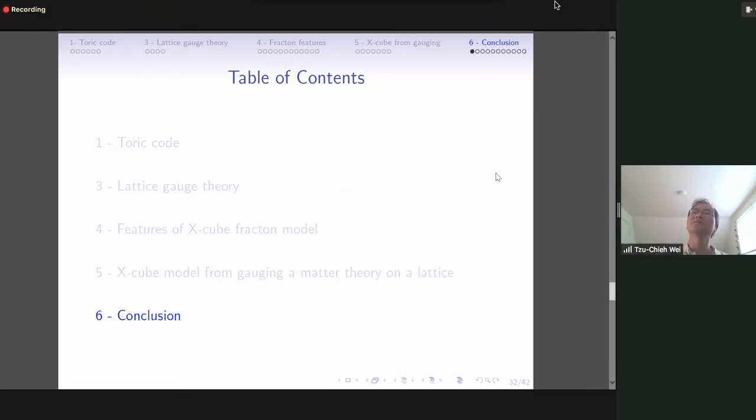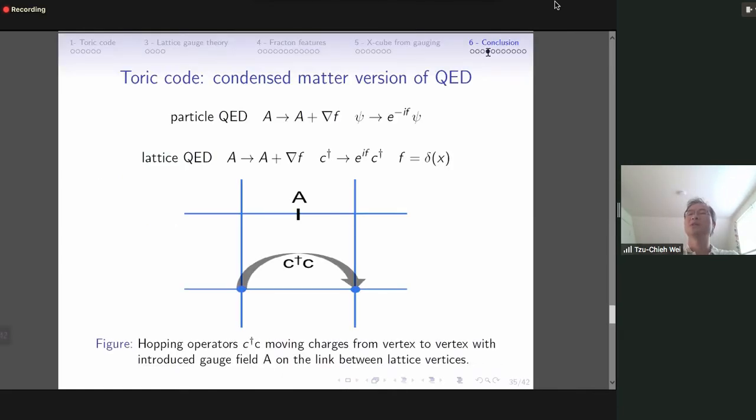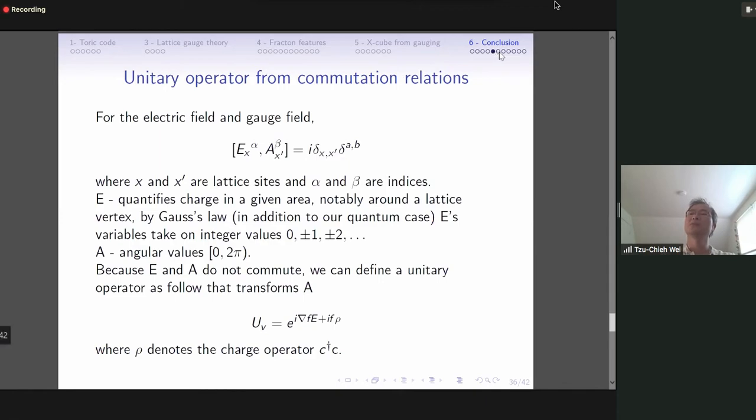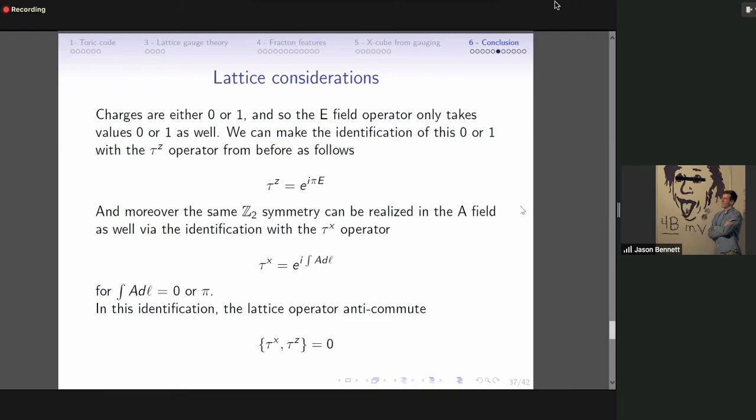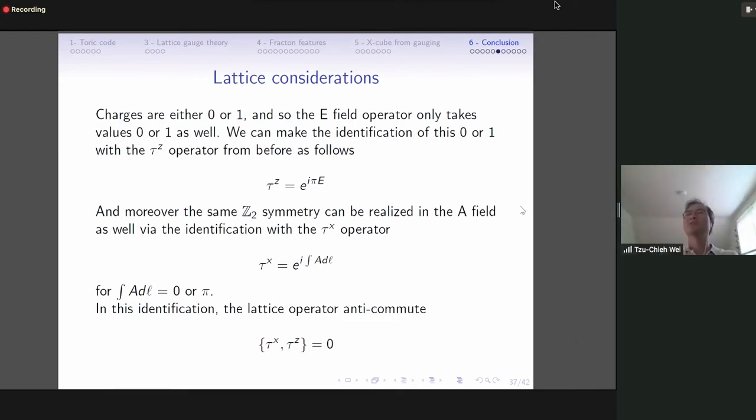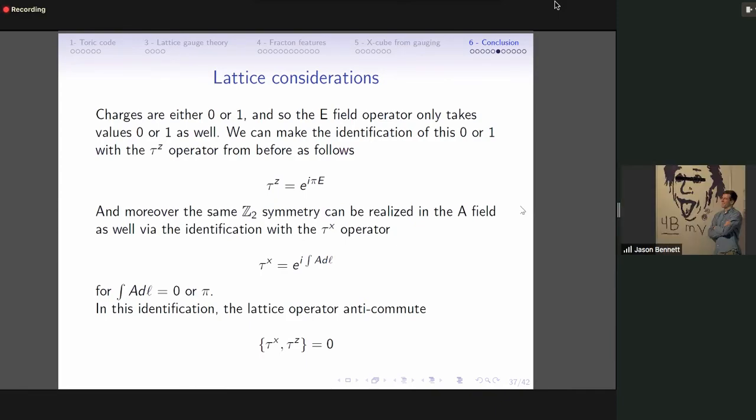Maybe on the last point that you brought up, I'm wondering whether, if you put a fermion on each lattice site, you then just use a Z2 gauge field, and you could probably do a Jordan-Wigner transformation from fermion to qubit, and I'm not sure. Maybe you could get this. Does it rely on having a fermion?